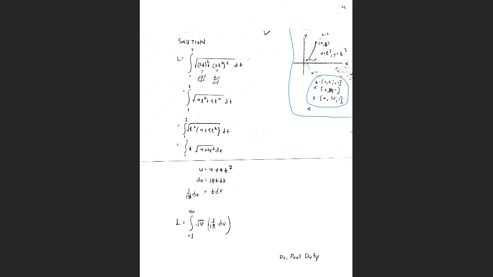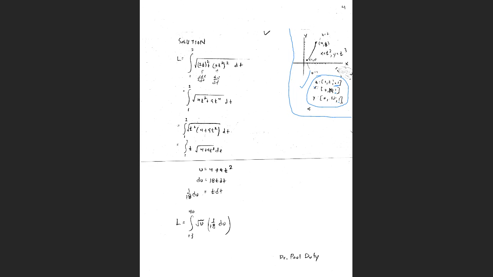A good window is t goes from 1 to 2 with a scale of 0.1, and x and y go from 0 to 10 with a scale of 1. But since you're using Desmos, this may not be necessary.